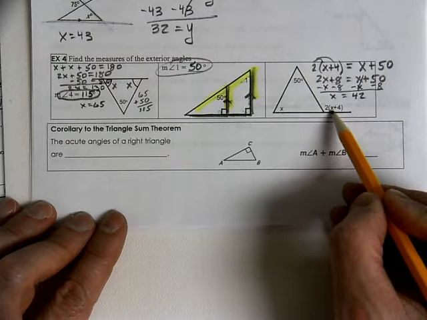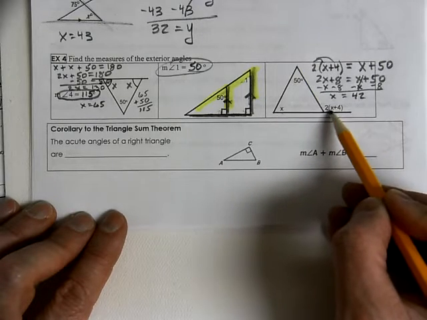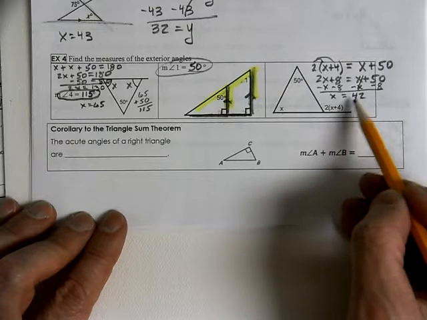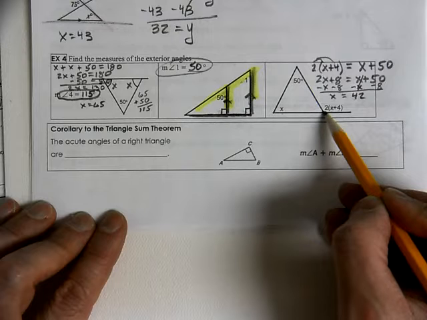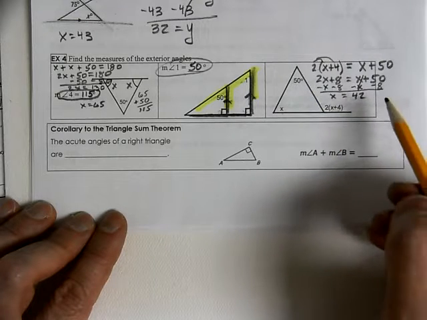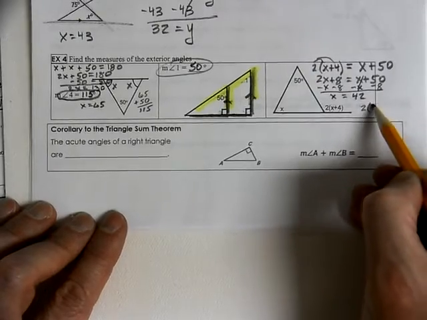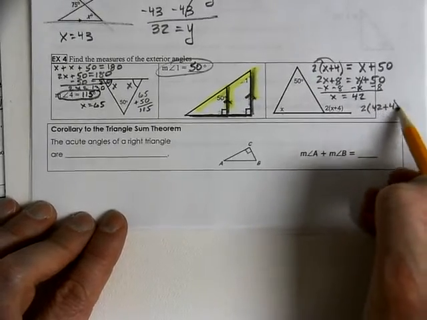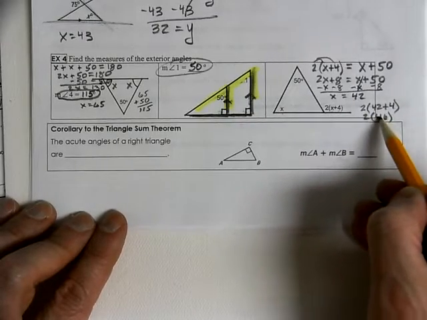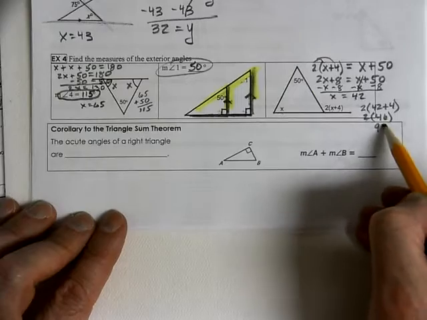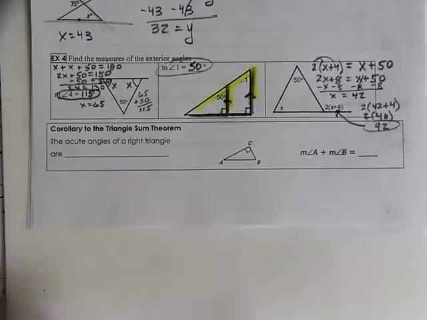That means our exterior angle is going to be 42 plus 4, which is 46, times 2, which is 92. So 2 times 46, that's 80 and 12, so 92. That is the measurement of our exterior angle.